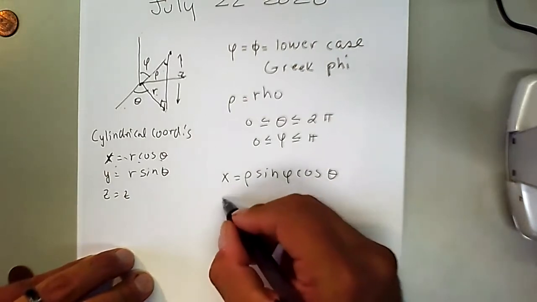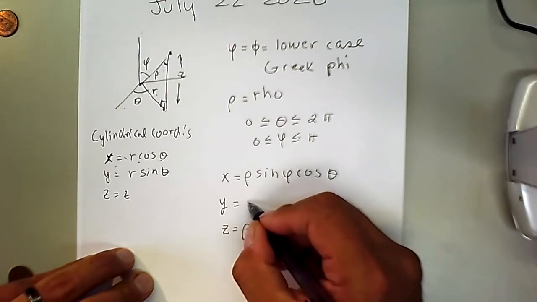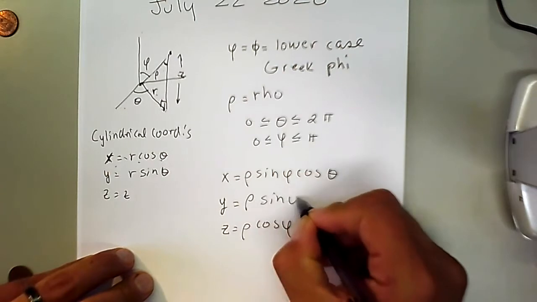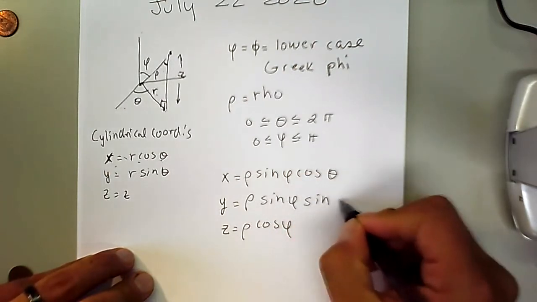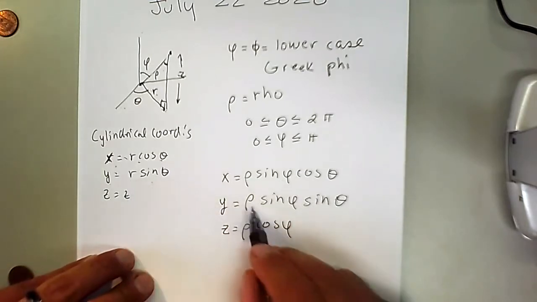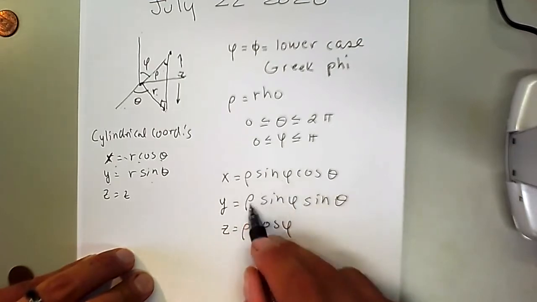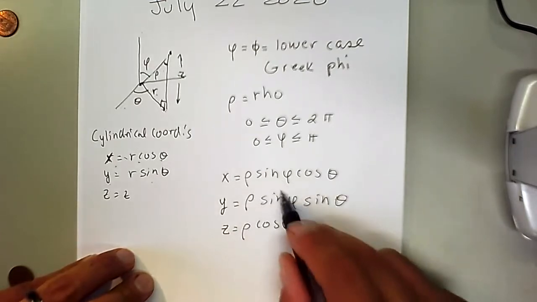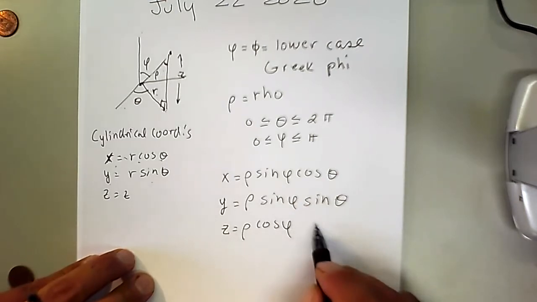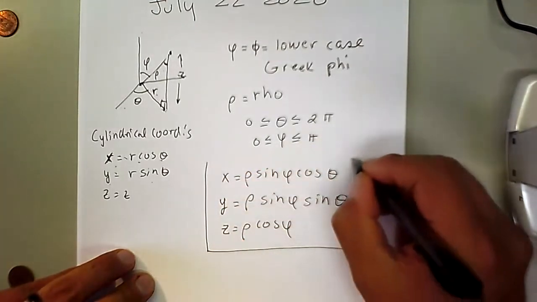And y would be the same r, rho sine phi, but now sine theta, because y is r sine theta. So that's why we have rho sine phi for x and y, and we have rho cosine phi and nothing else that involves theta. So these are the conversion equations.